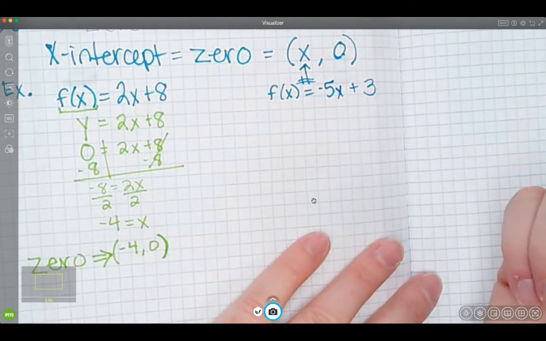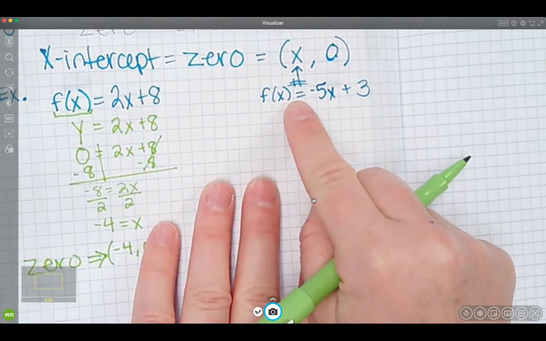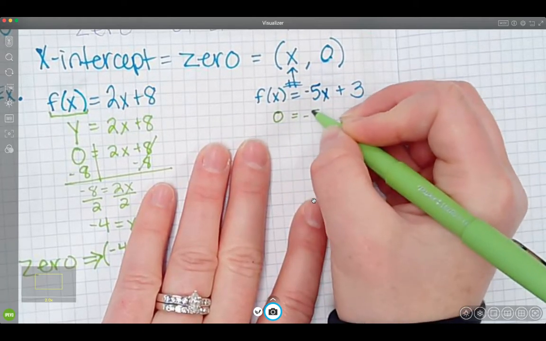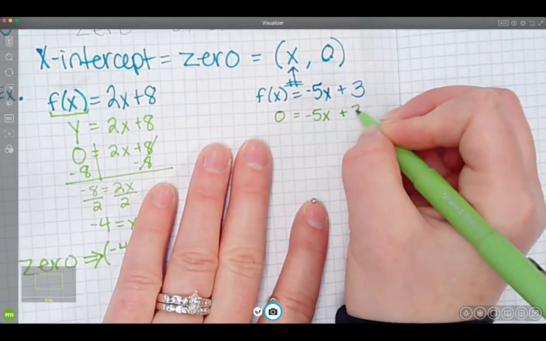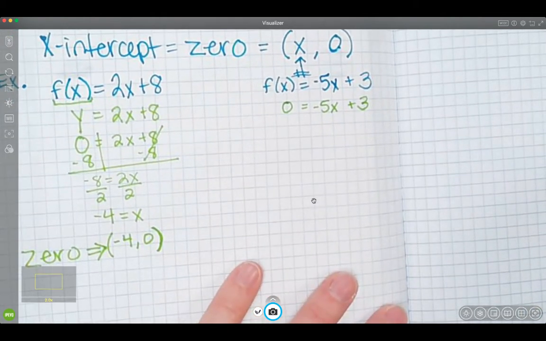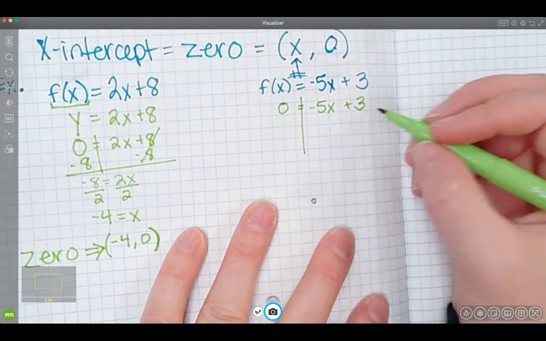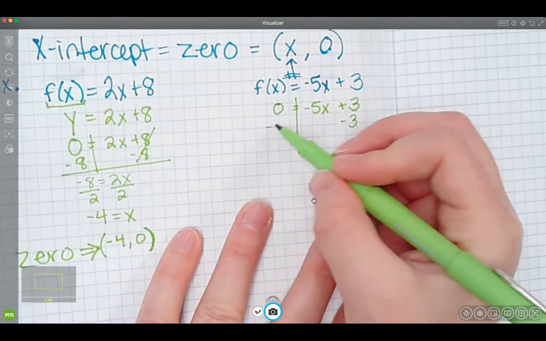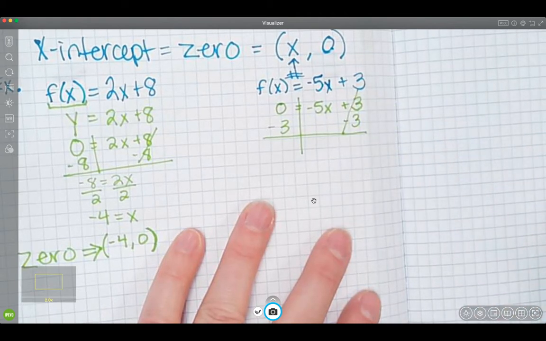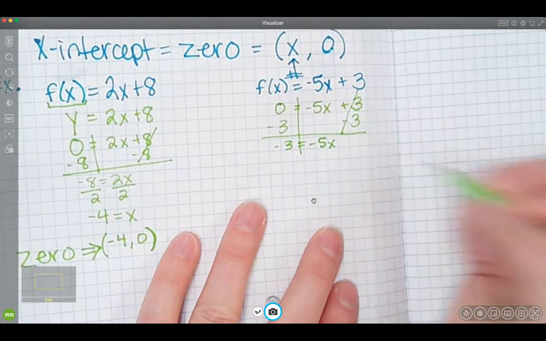So to find out what the zero is, we're going to plug in 0 for y. F of x is y. So I'm going to say 0 equals negative 5x plus 3. Okay, so now I need to solve for x. Minus 3, minus 3. Negative 3 equals negative 5x.